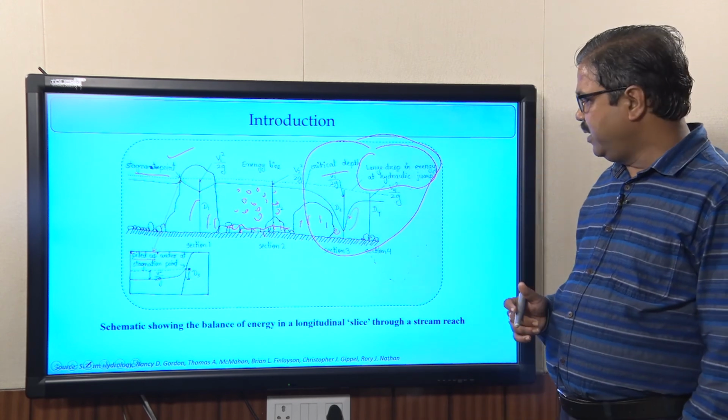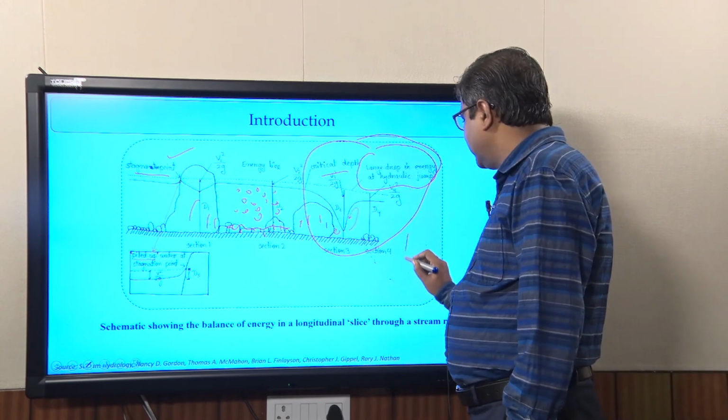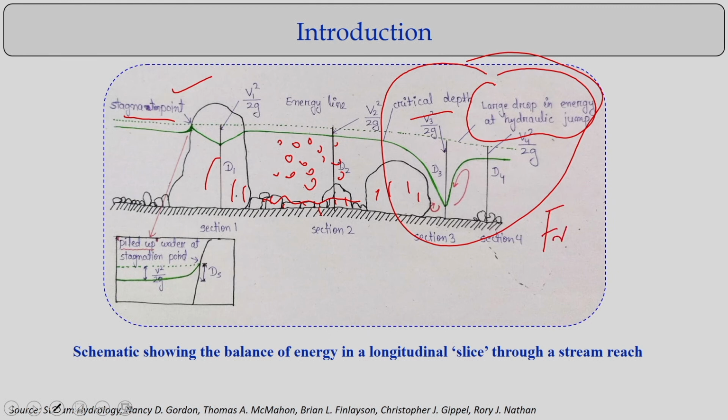Before that, you know from fluid mechanics that the Froude number is the ratio between the inertia force and the gravity force.